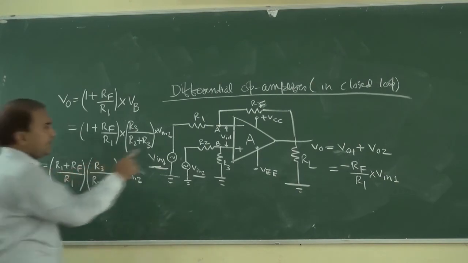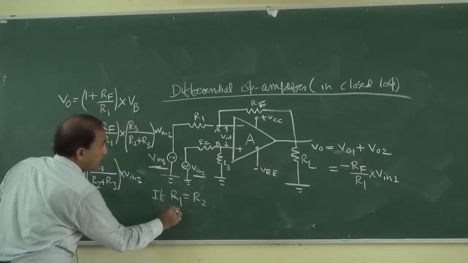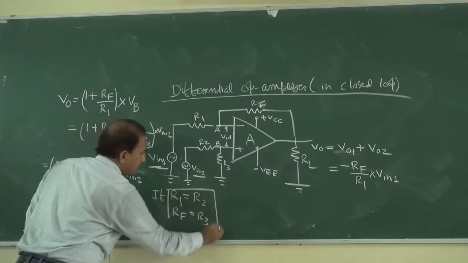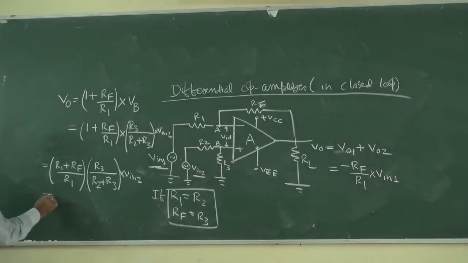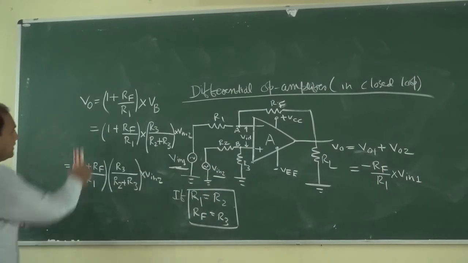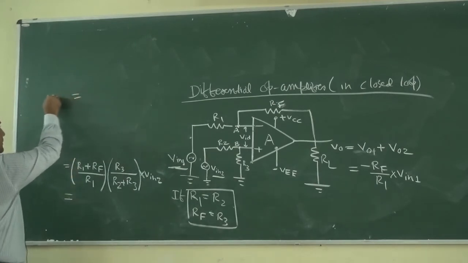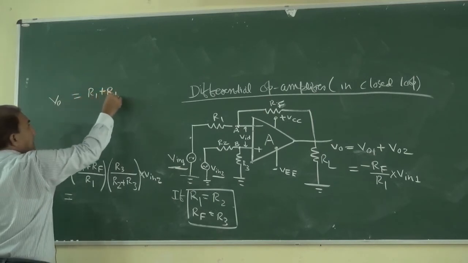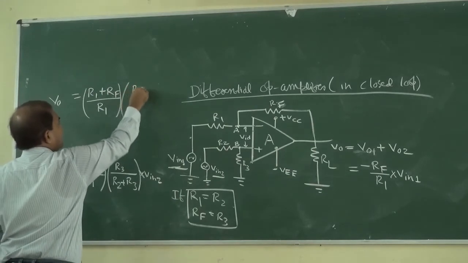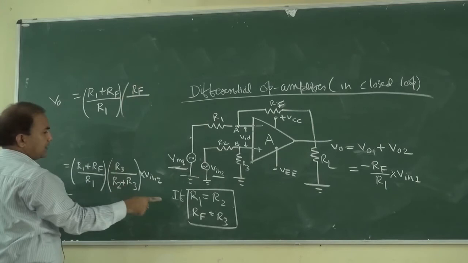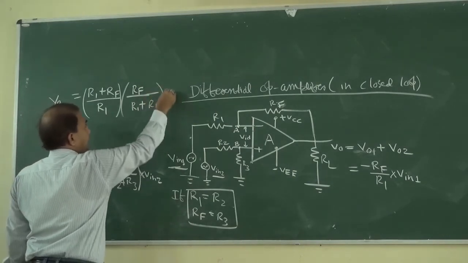Now if R1 is equal to R2 and RF is equal to R3, then we can write this equation as V output equal to R1 plus RF divided by R1 multiplied with R3, that is RF, divided by R2 plus R3, where R2 is R1 and R3 is RF, into V in 2.